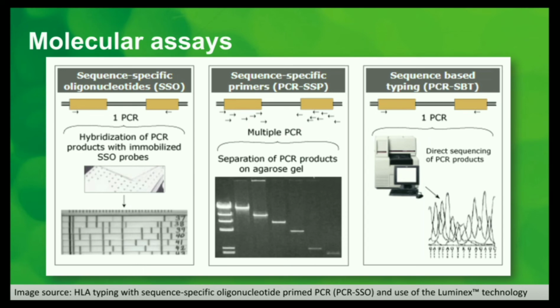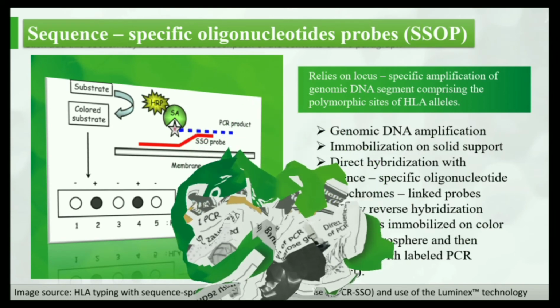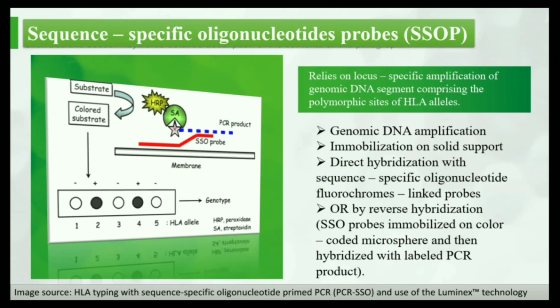Briefly, about the sequence specific oligonucleotide probes. The combination of PCR technology and hybridization with the sequence specific oligonucleotide probes was first applied to HLA class 2 typing, because of the limitations of DR serology and the better knowledge of allelic polymorphism at DR and DQ loci.